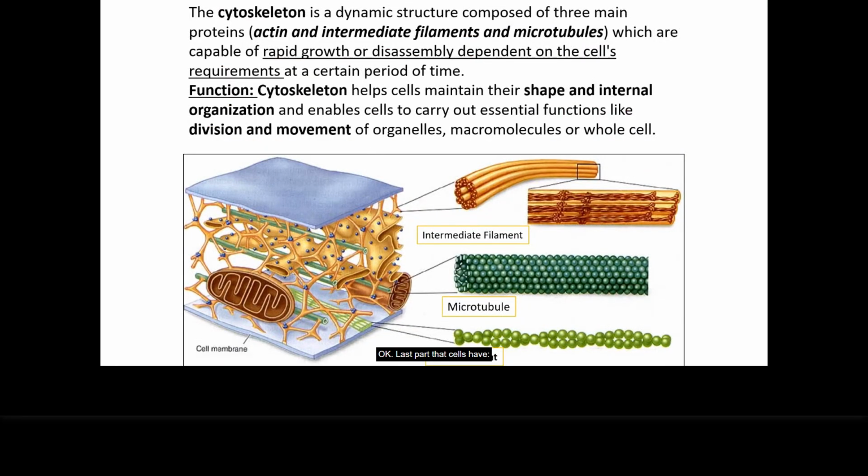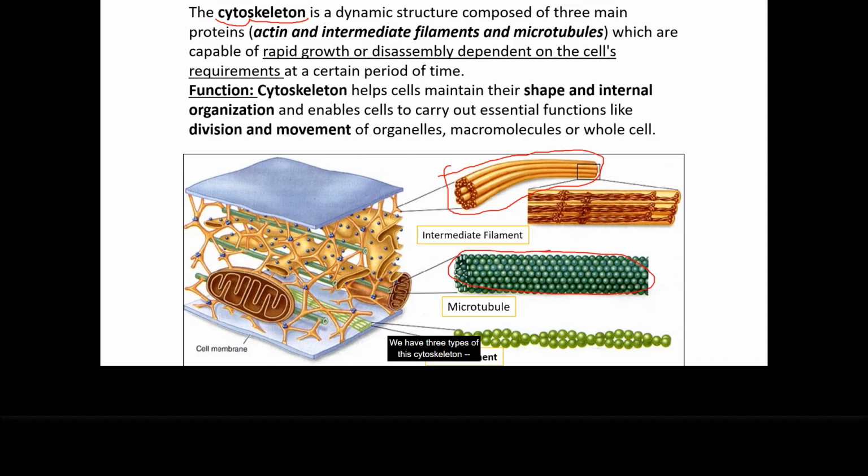Okay, the last part that cells have, a cellular organelle called cytoskeleton. Like our body has a bone skeleton, cells also have cytoskeleton. And it's made up of this long tubular structure, which is shown in here.